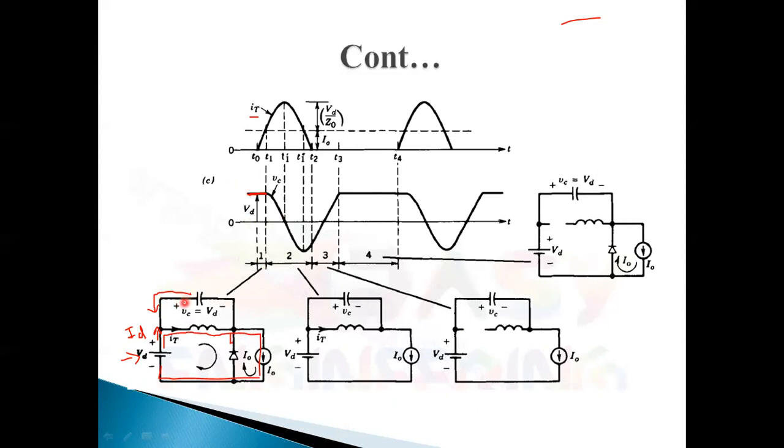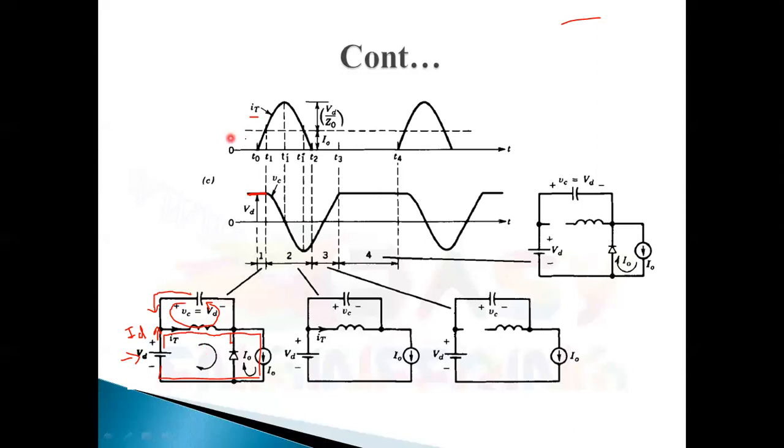It is flowing only in this loop, so it is not discharged in any element. But the inductor will be in charging condition. It is slowly charged.